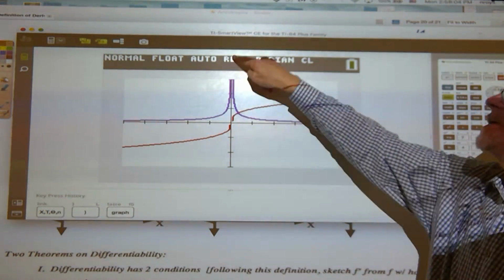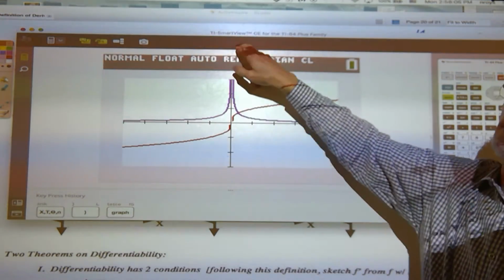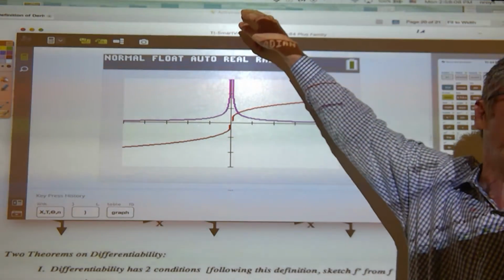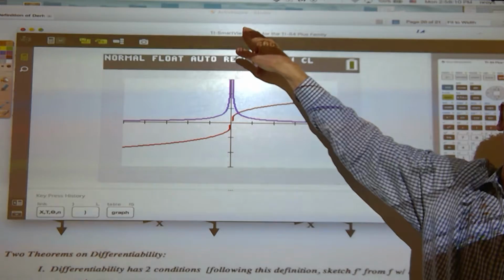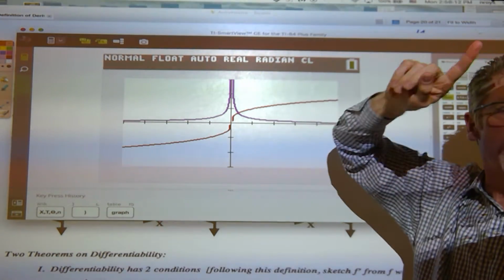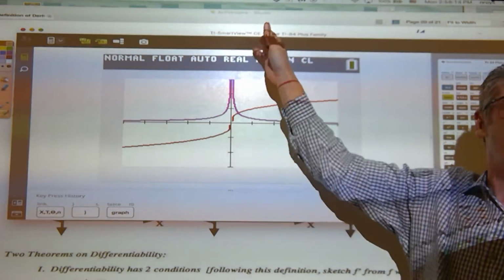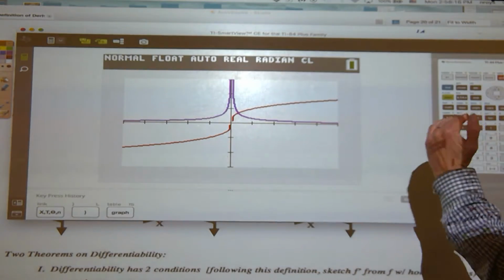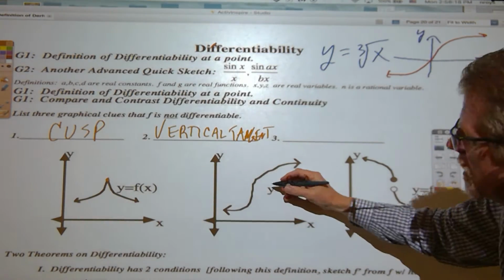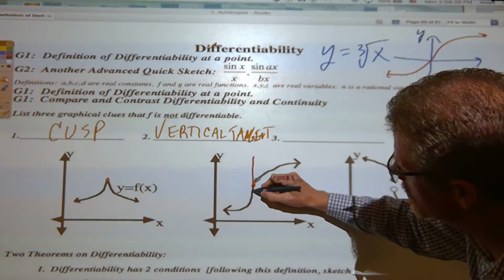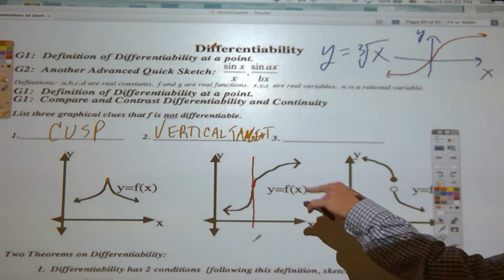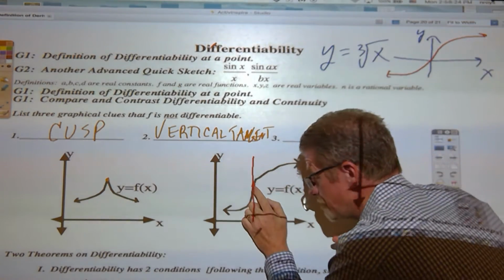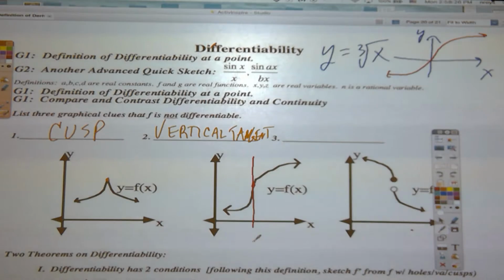You could push back and say, how do I know it's going up to infinity, Mr. Royce? How do I know it's not just going up to 100 or 150 and then stopping? It's not. We can prove that later, but this is evidence that we have a vertical tangent line. There's a tangent line that actually goes vertical. Therefore, the function is not differentiable at a vertical tangent line.